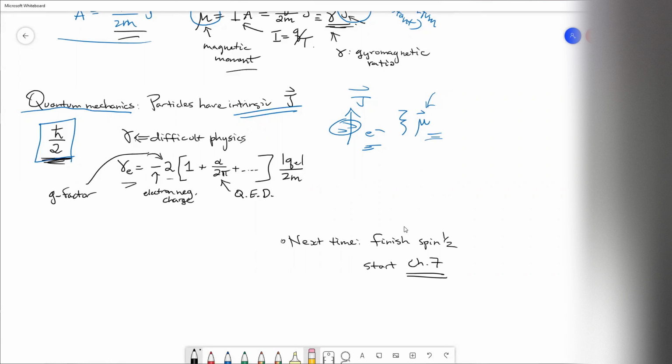And then the last bit to complete quantum mechanics is we need to know what happens when your observables have a continuous range of values, like a position or an energy of a free particle, because a free particle can have an arbitrary kinetic energy.